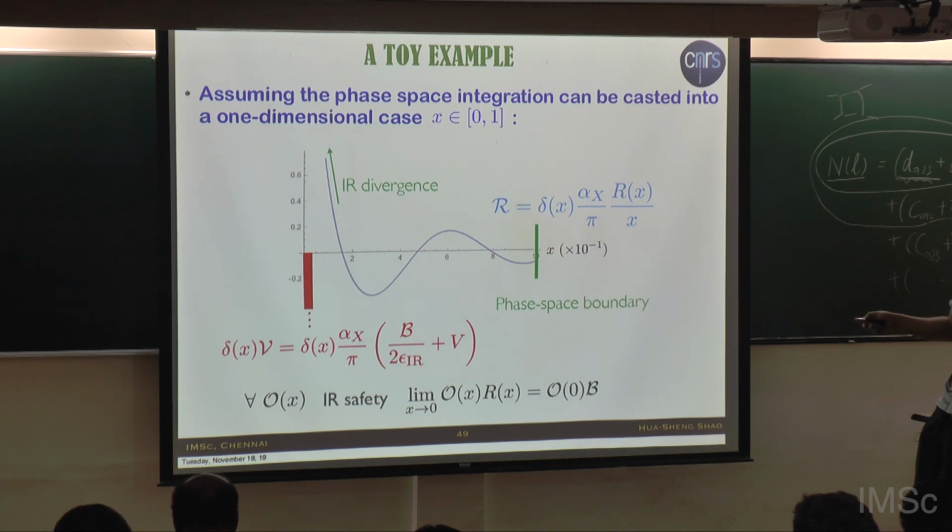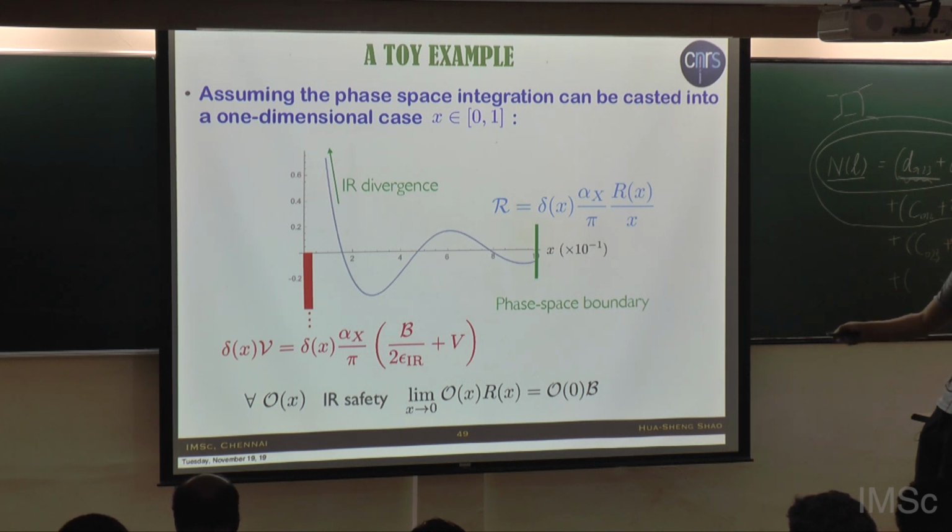My real matrix element squared is R(x), proportional to alpha over x times some function. You see that as x goes to 0, it's divergent. The phase space boundary is 0 to 1.